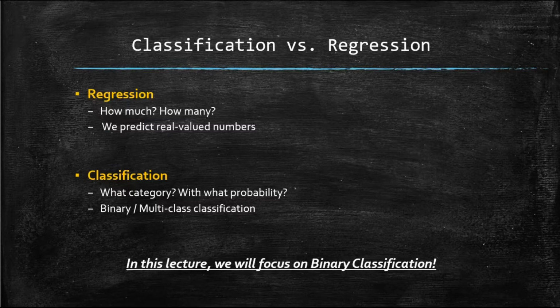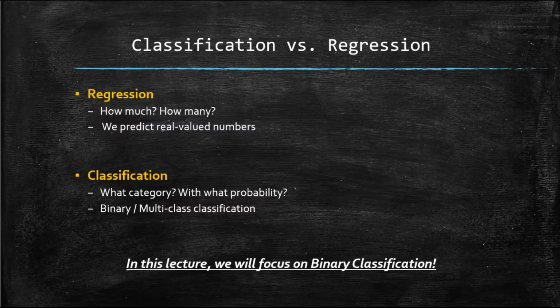And not only are you interested in knowing the category, you're also interested in knowing the probability of that input belonging to that class. If you have trained your machine learning algorithm to tell you what category a certain input belongs to, you're also interested in knowing how certain your algorithm is. That is very important. So you'd also like to produce a probability for any assignment that your machine learning algorithm might make for you.